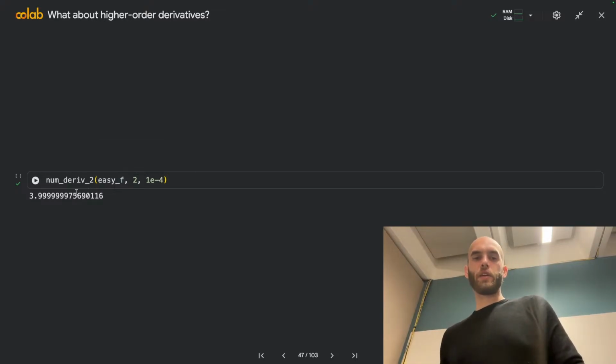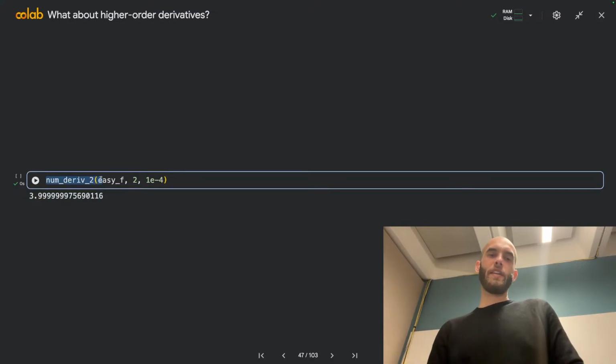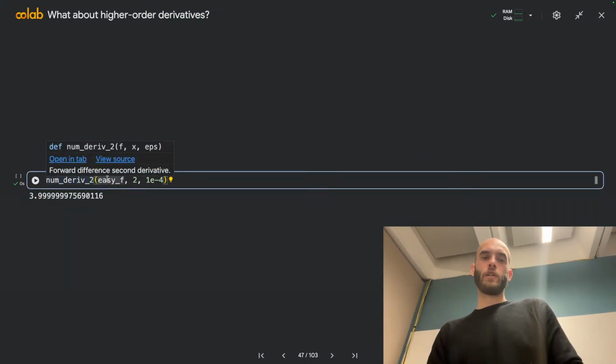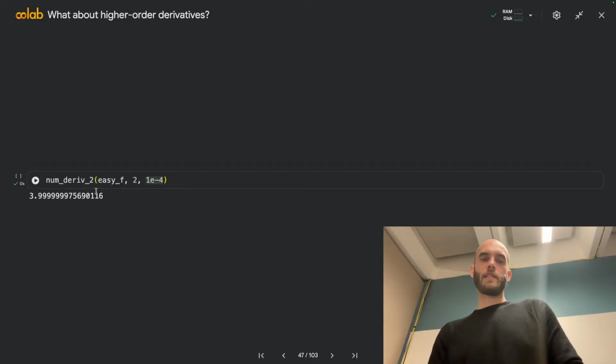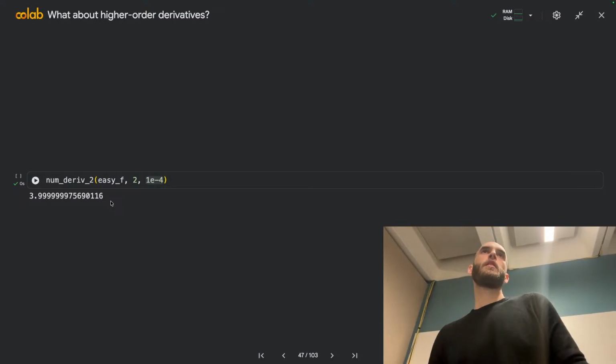The analytical derivative is 4, and the numerical derivative comes out to be very, very close. We defined this thing just using the epsilon incremental approach. Here we plug in f, evaluated at 2 using our epsilon very close to 0, and that gives us something that we can go off of. So nice.